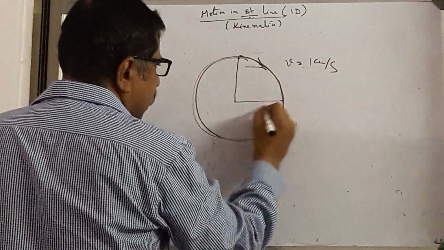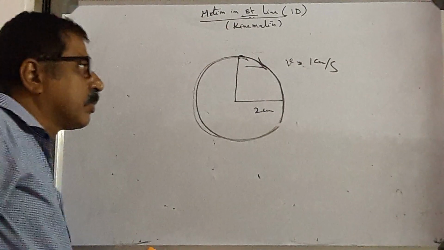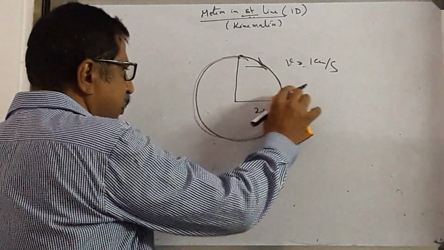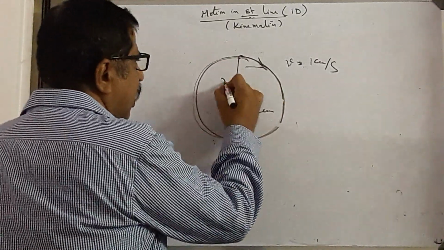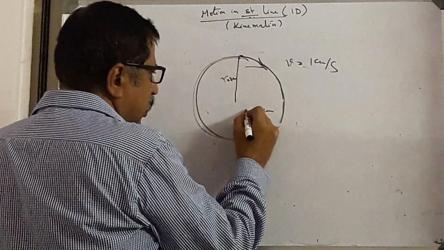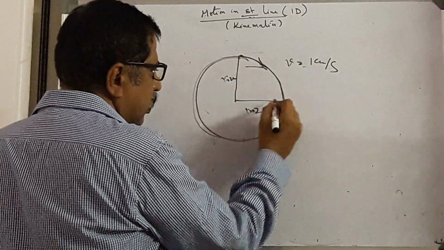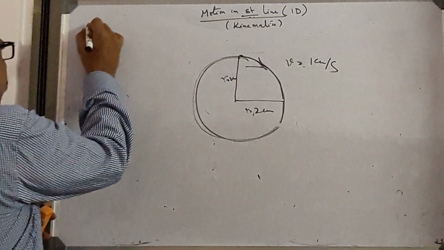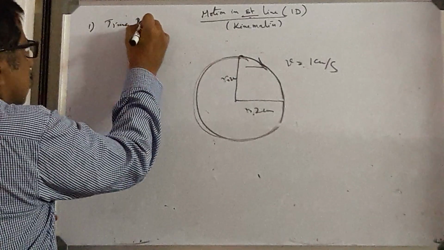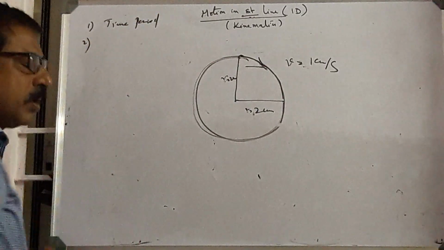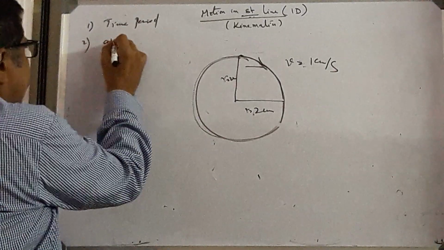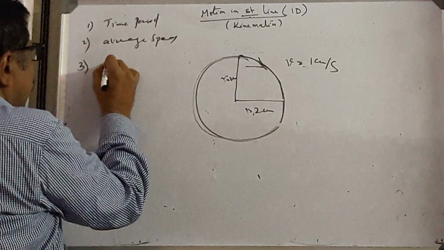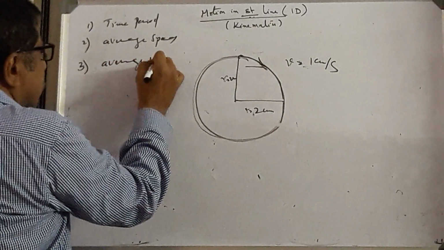The radius of the circular path is 2 centimeter, r is equal to 2 centimeter. Then find 1, time period, 2, average speed, 3, average velocity.